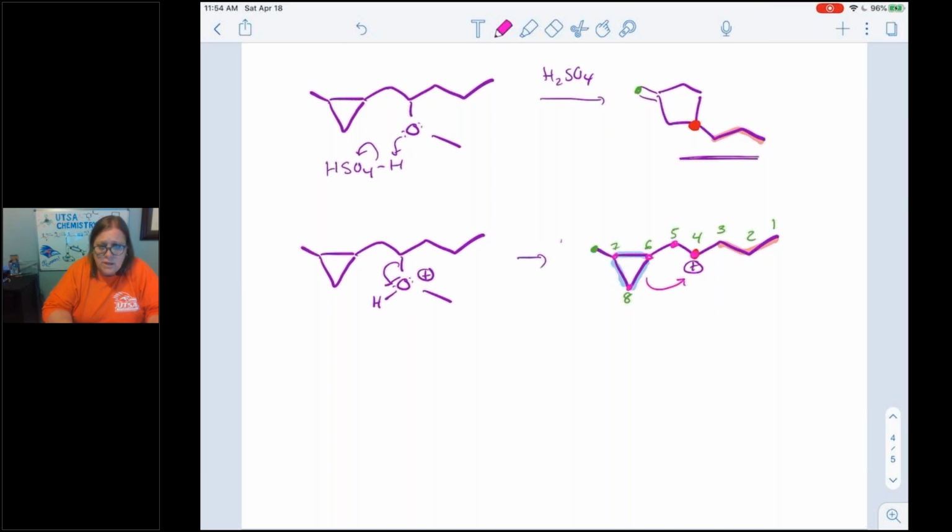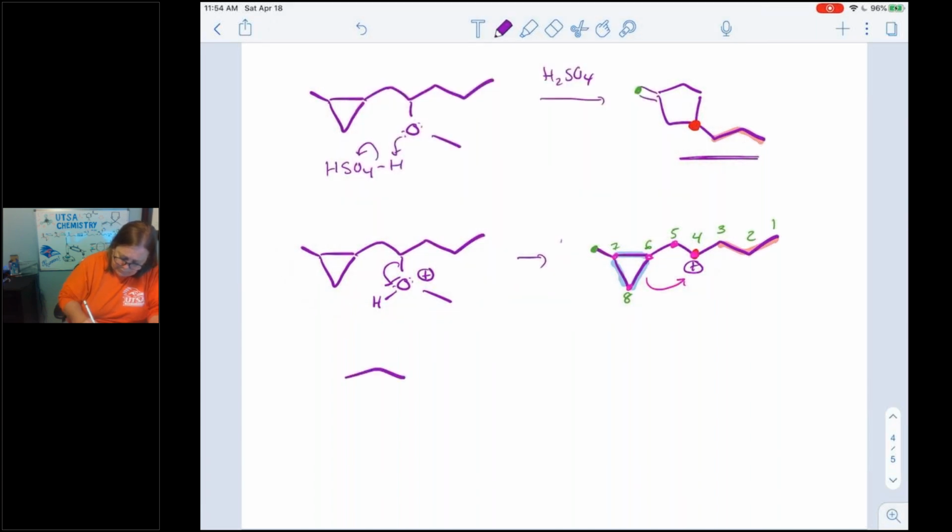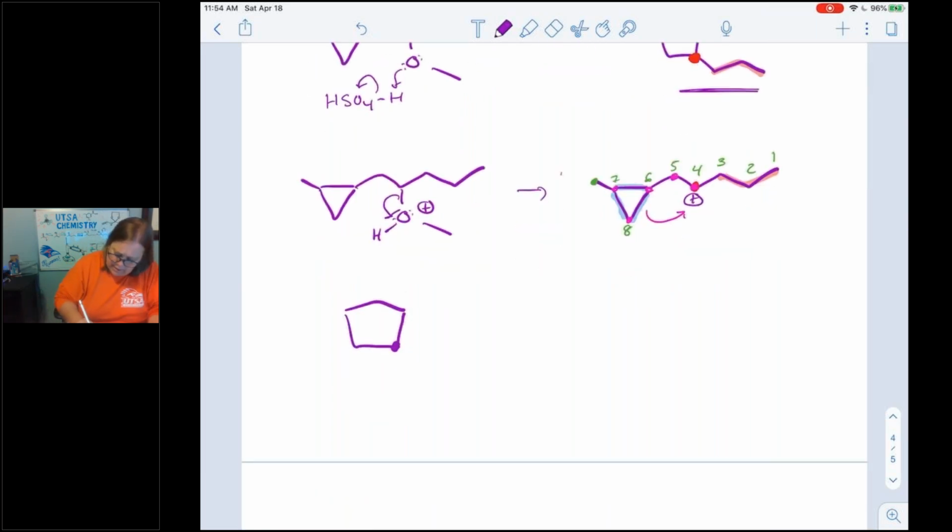Here's the deal. If I do this ring expansion, I know that this is carbon 4 here, and then 3, 2, 1.